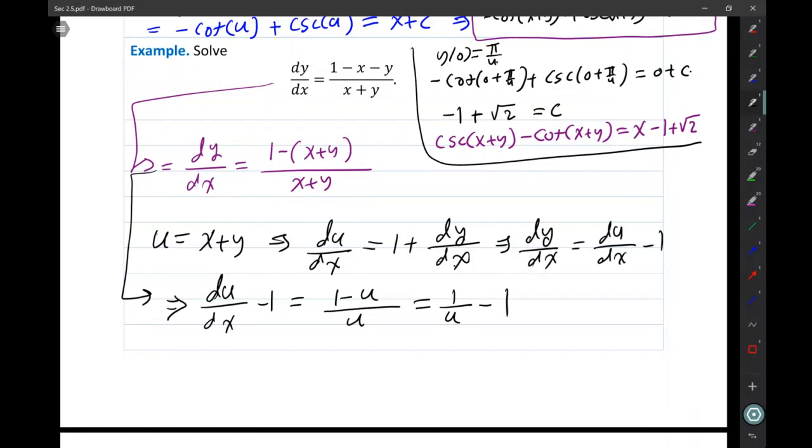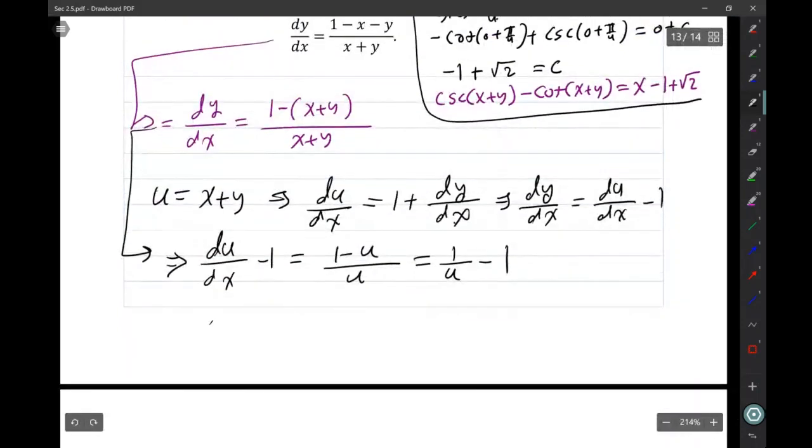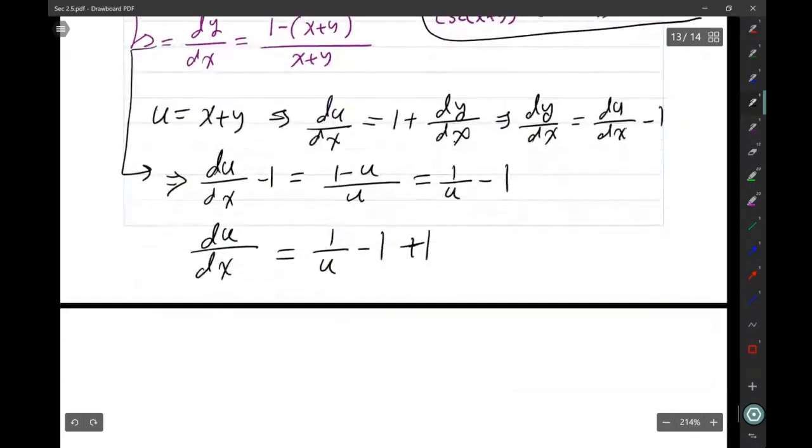Take this minus 1 to the other side, so finally du by dx is equal to 1 by u minus 1 plus 1, because I took the minus 1 from the left hand side to the other side. So du by dx is equal to 1 by u.